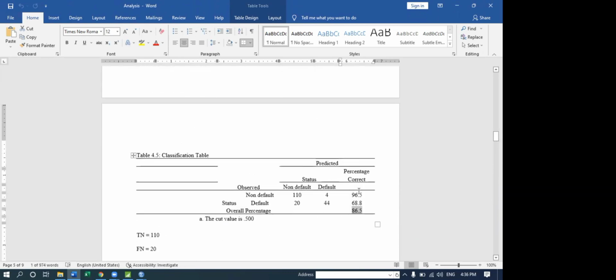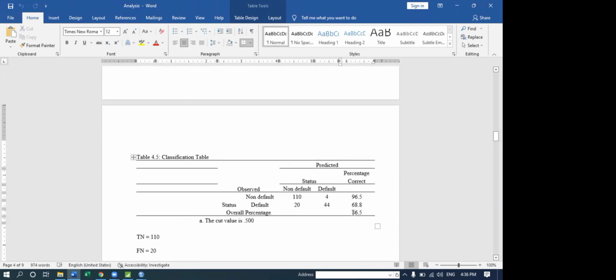So what's the percentage? It means the model is 86.5% accurate in predicting the right status of the client, defaulting or not in repaying the loan. Let me say it again. That means the model has an accuracy of 86.5% of reporting whether the client will default in repaying the loan or not.